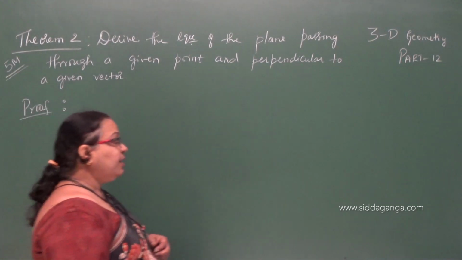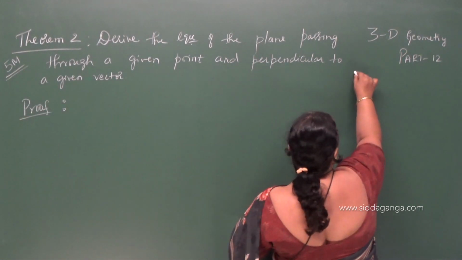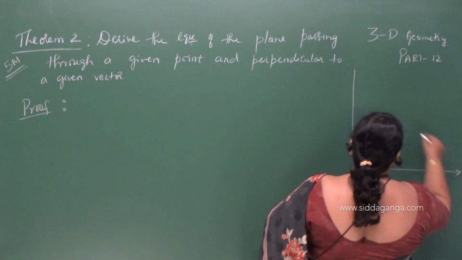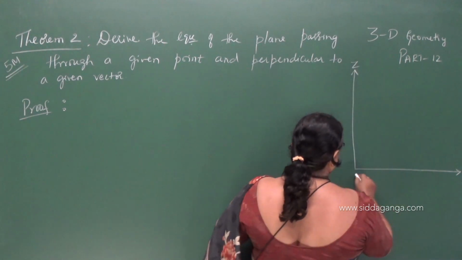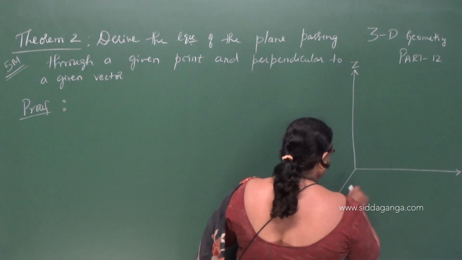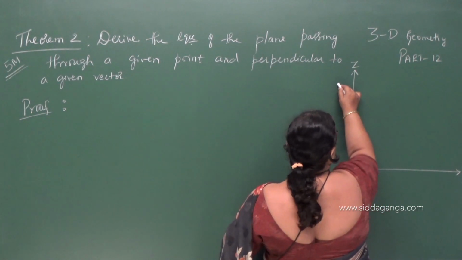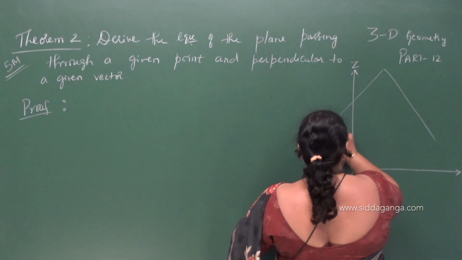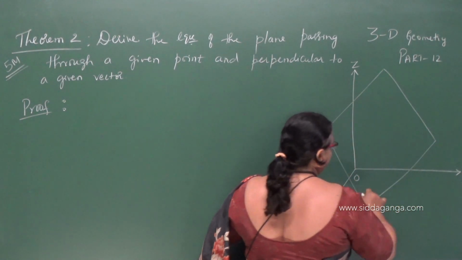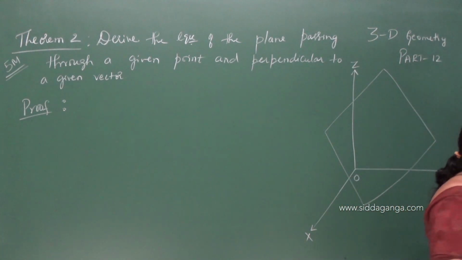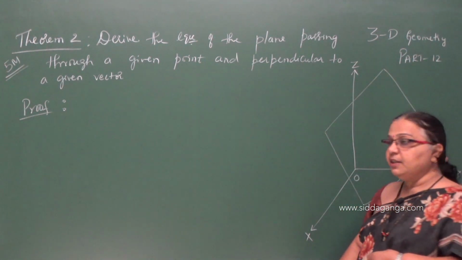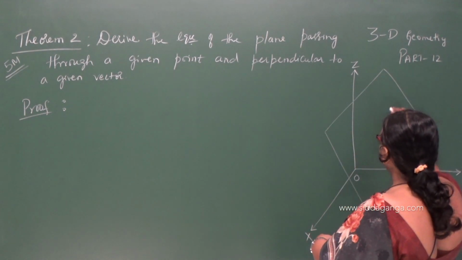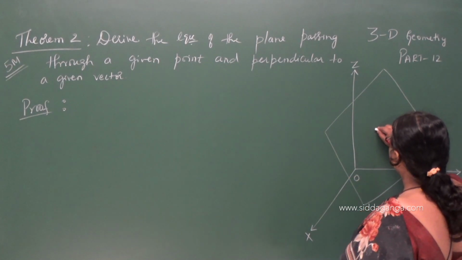So to draw the figure, now you draw the figure. Now you can just consider this as the plane. We just draw it like this, any way. Now this is the plane. We have to find the plane passing through a point, which means the point has to be taken on the plane.